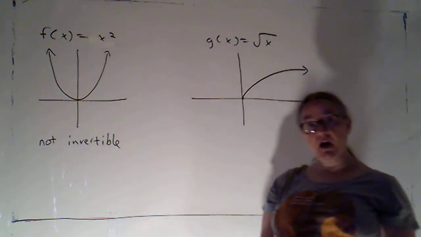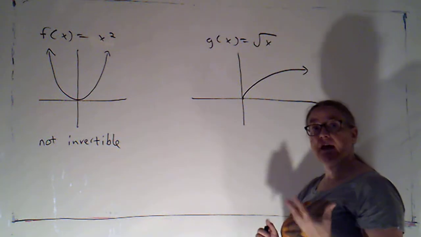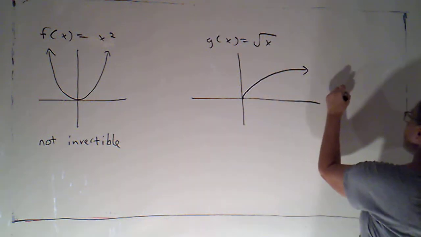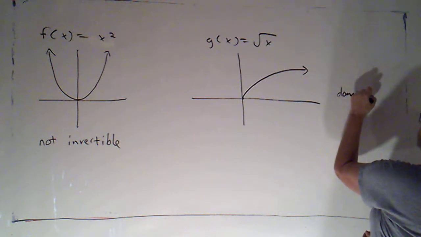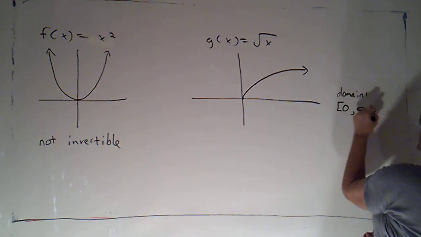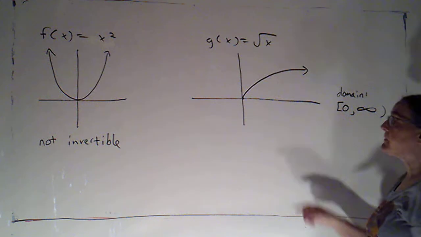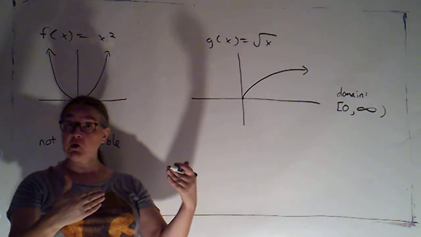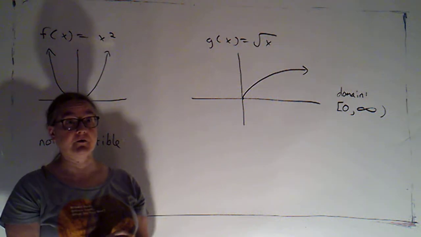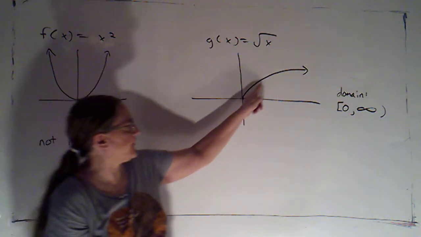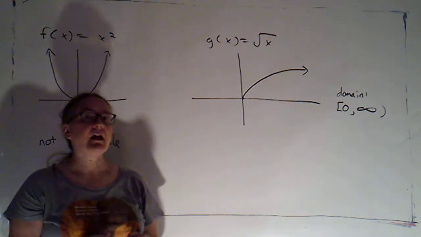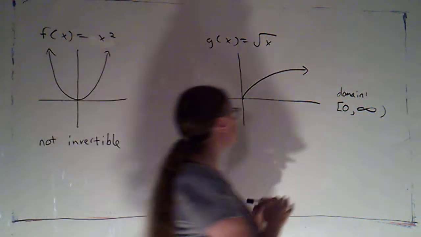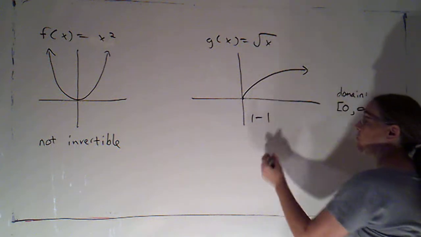In fact, when we talked about the horizontal line test, we said that if our function is defined on an interval, and here my domain is the interval from 0 to infinity, including 0, and the function is always increasing on that interval, same would be true for decreasing, then we're going to have a one-to-one function. So this function is one-to-one.